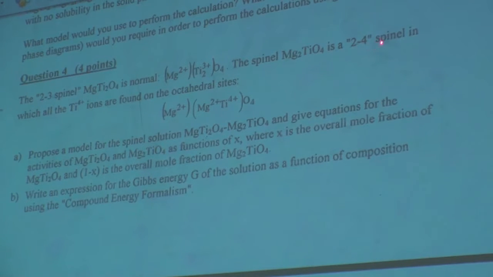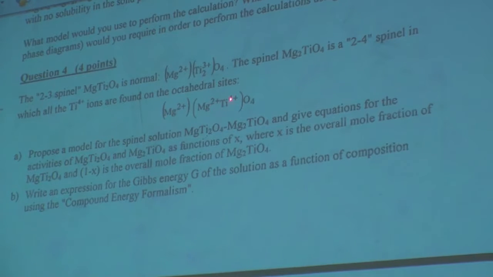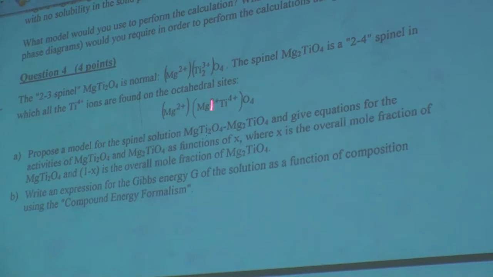Mg2TiO4 is a 2-4 spinel with magnesium on this sublattice, and magnesium and titanium randomly distributed on the second sublattice. So you see, first of all, it is actually just a one sublattice model. The first sublattice is always occupied by magnesium, so it's really just the one sublattice where any mixing is going on.